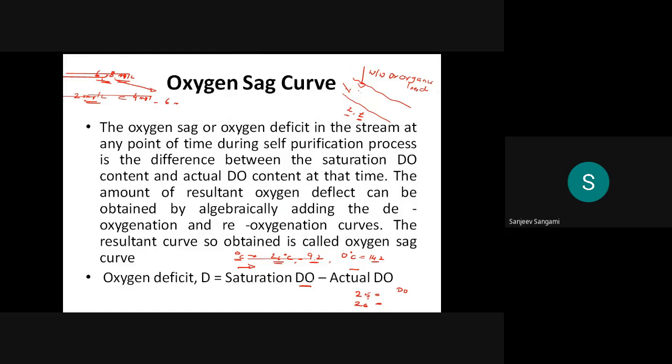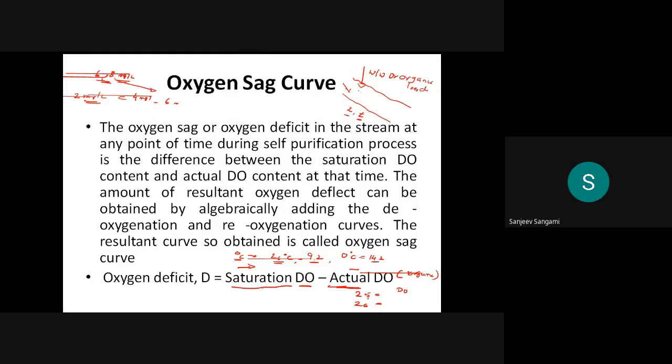At 25 degrees, this is the maximum DO we are going to get. For 20 degrees centigrade, the maximum DO we will get is different. Actual might be different. It depends on the organic load and the extent of pollution in the rivers. But saturation DO is completely different from the actual DO.